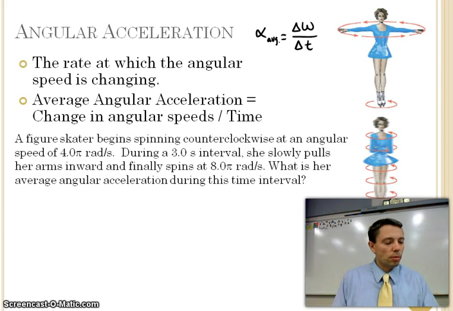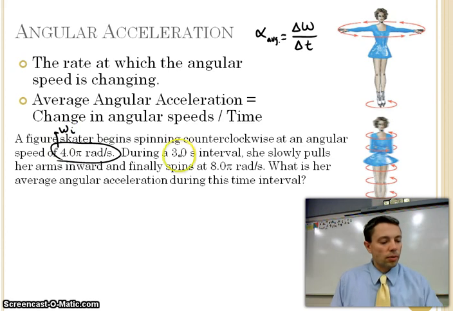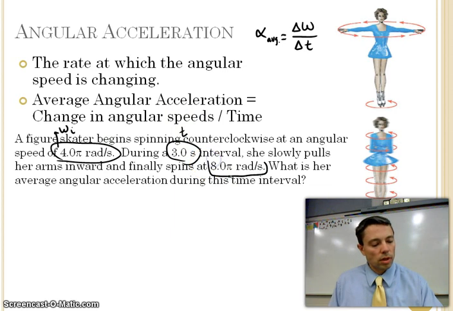So I've got my figure skater. They begin to spin counterclockwise at an angular speed of this, so that's my omega initial. During a 3-second interval, that's my time, she slowly pulls her arms in until she gets to this speed. So that's my omega final.